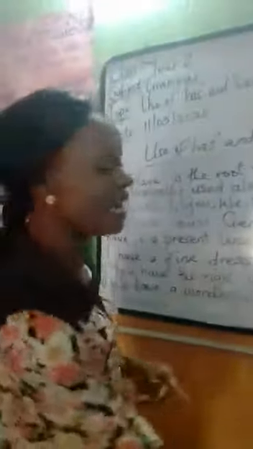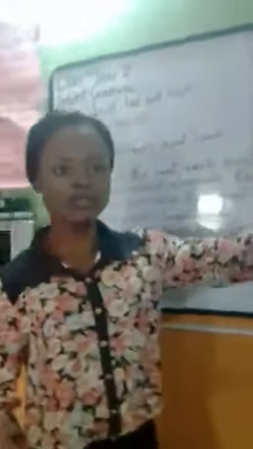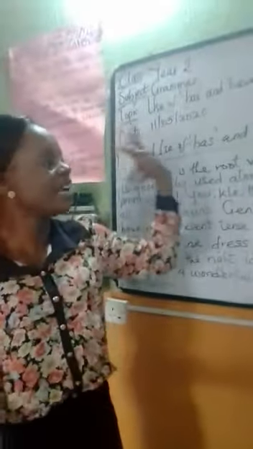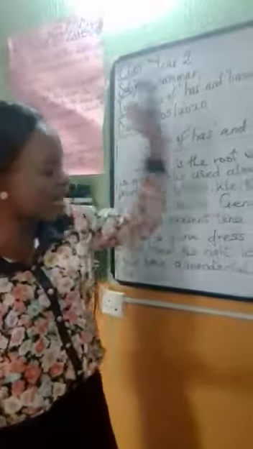Eaten is the past participle, so it goes with the past participle form of the verb in present perfect tense. Or have you eaten the food? Do you get that? Present perfect tense. Or have you taken your lunch?